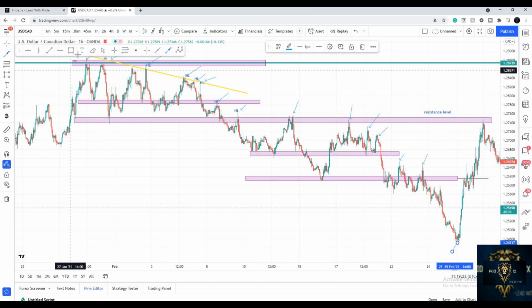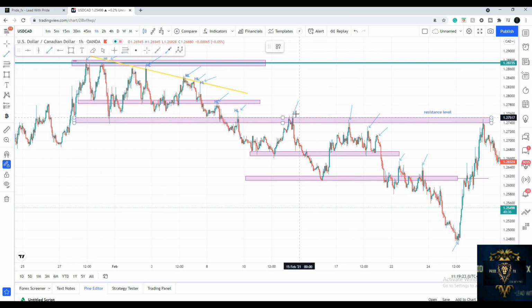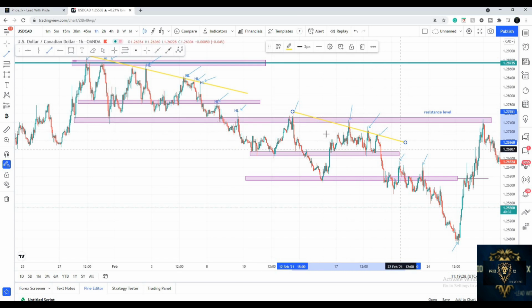Okay, so when that happens also, just maybe use your trend line like that. Use your trend line so that you know why the market failed to go back to that resistance level or to that support level. Okay, it's just adding more flesh onto your skeleton all the time.